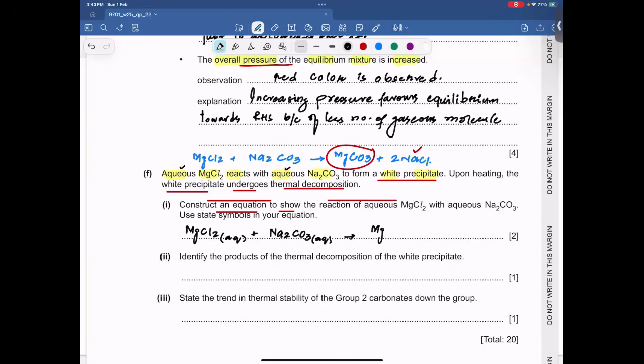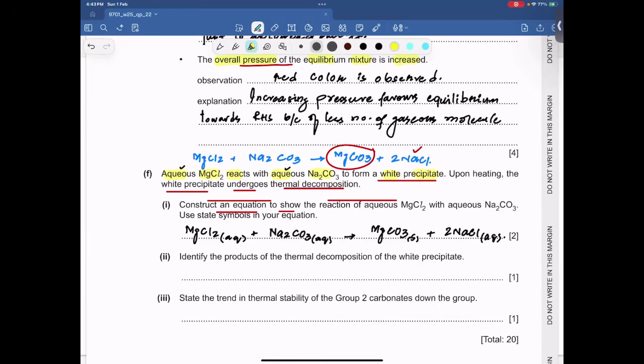Magnesium carbonate is going to be the white precipitate, so it has to be in solid form. And obviously sodium chloride is aqueous. So that's the balanced chemical equation.